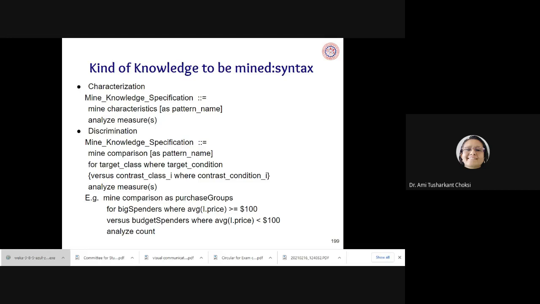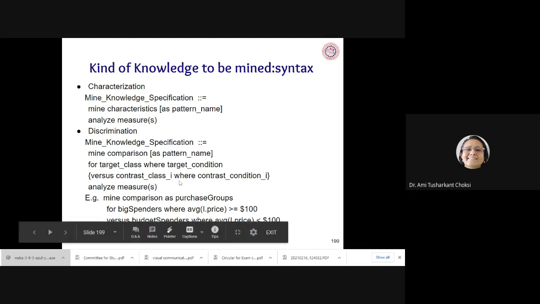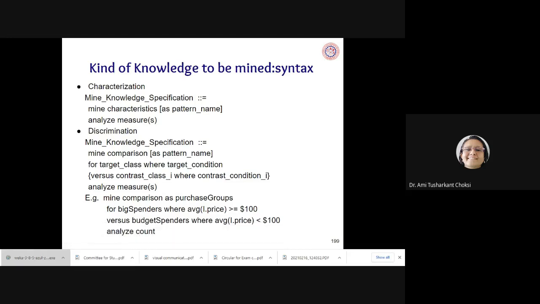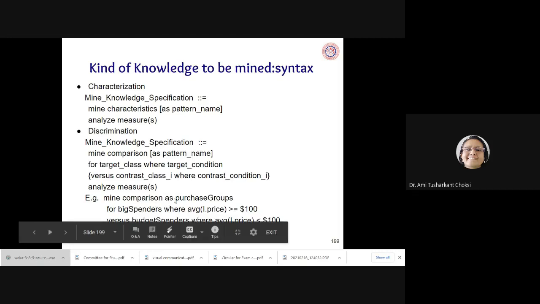Mine knowledge specification is equal to mine comparison as pattern name for target_class where target condition, versus contrast class i where contrast condition i, and analyze basis. So what we are doing here is looking at the syntax DMQL has. Now, mine comparison as purchase groups.